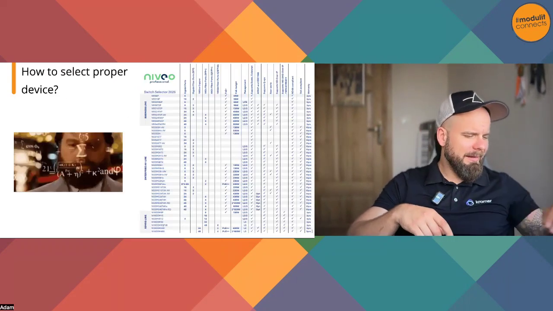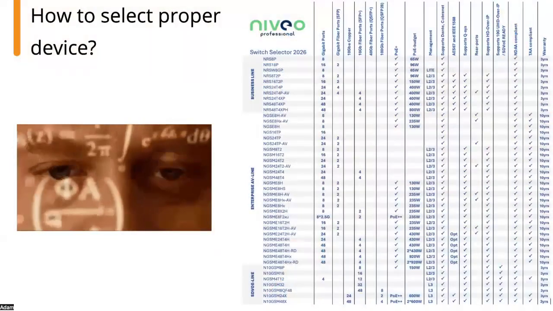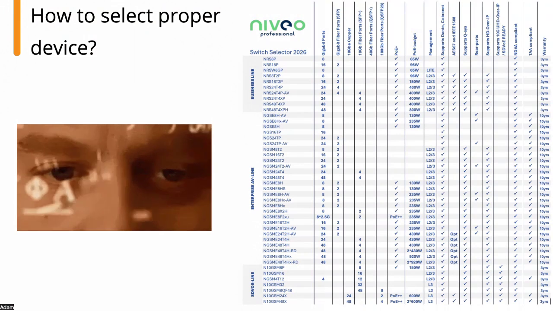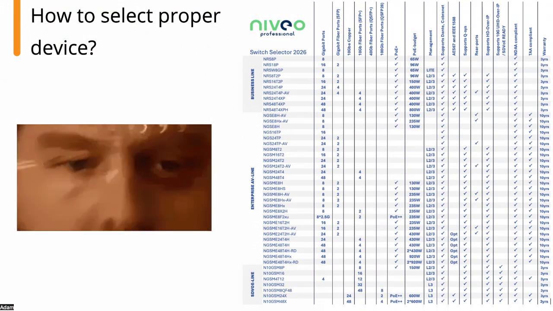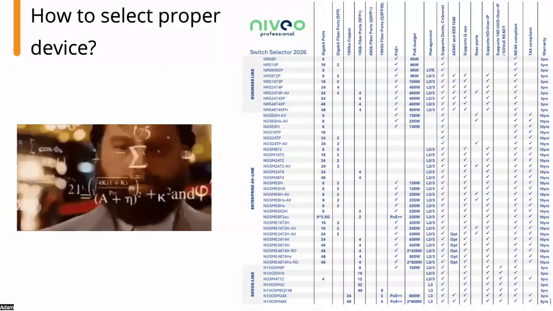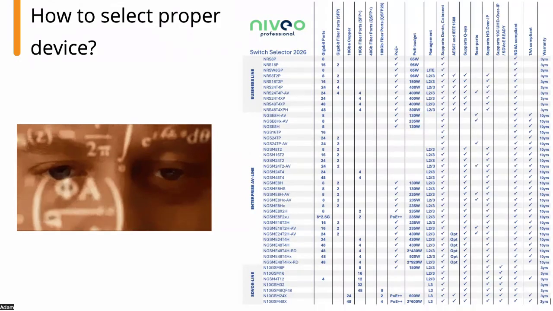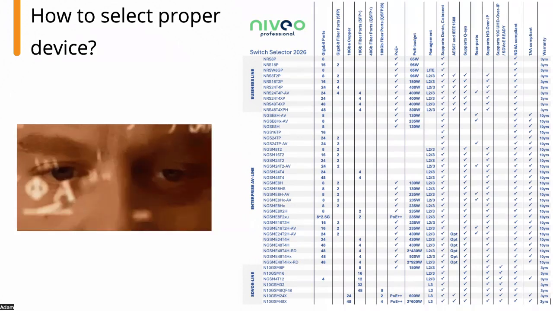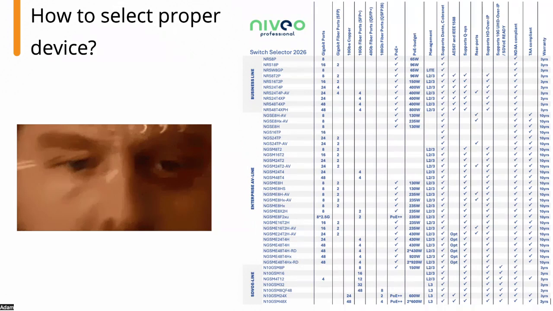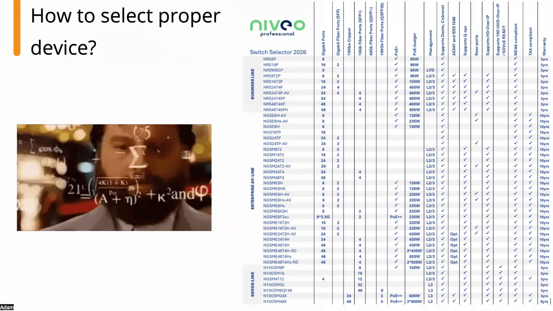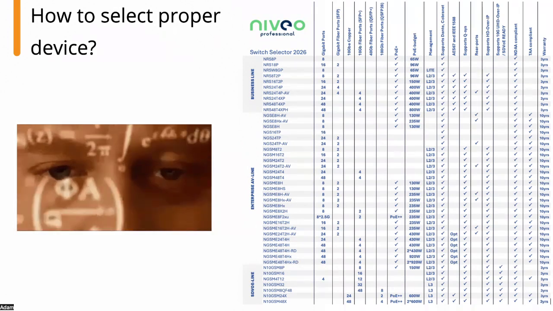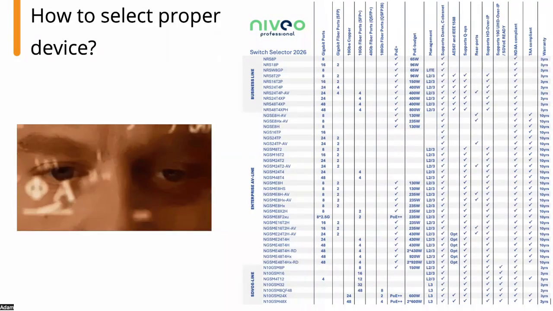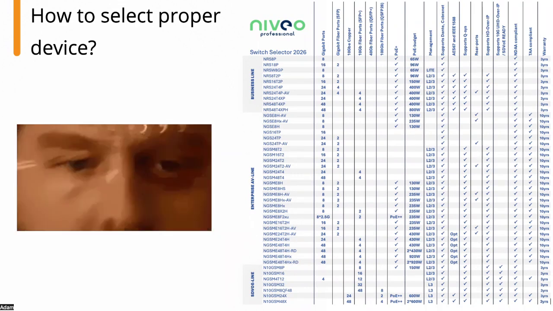So how do you select the proper device? You see, the number of products here is quite wide, but the selector from Niveo is really easy to use. I can share it with you in a second. This selector you can download from their website. Where is the chat? Here. And you can play with it and search for a proper product.